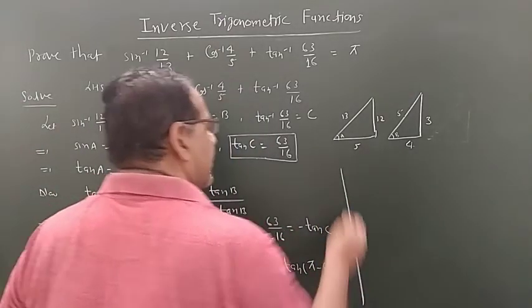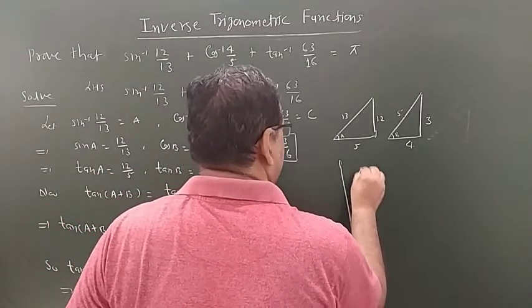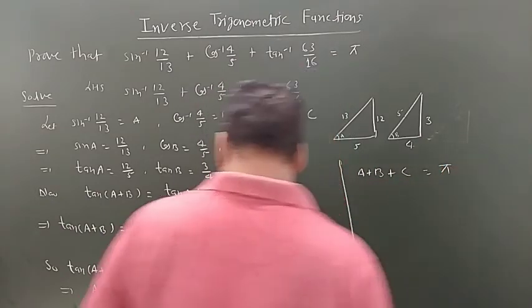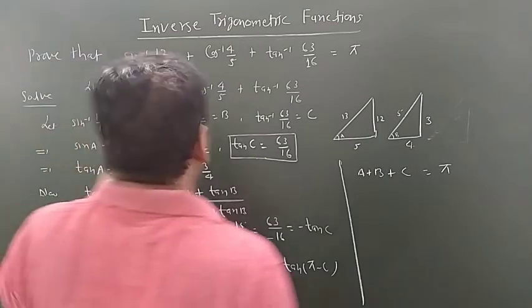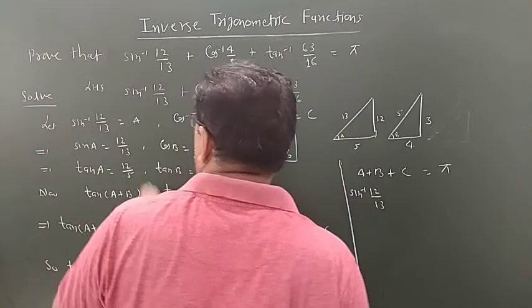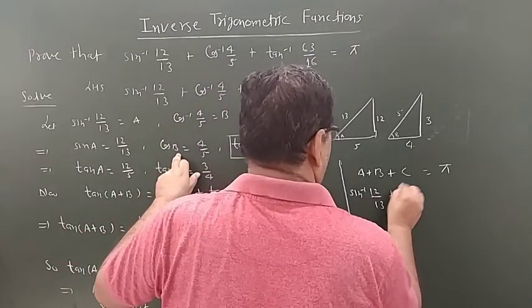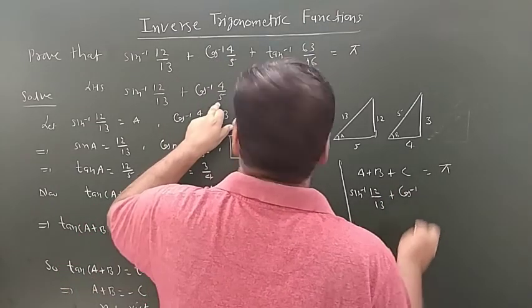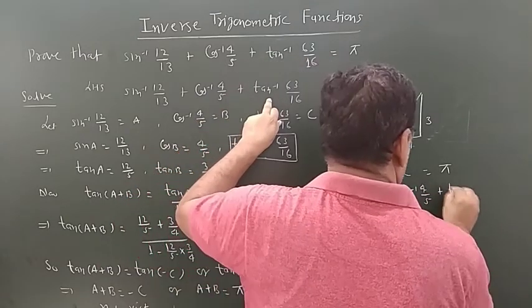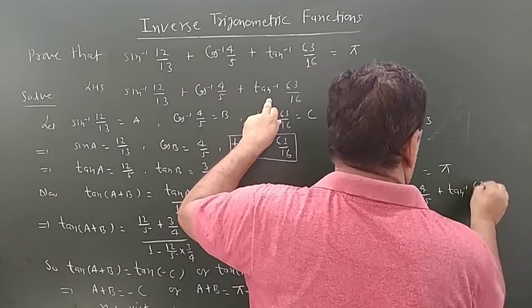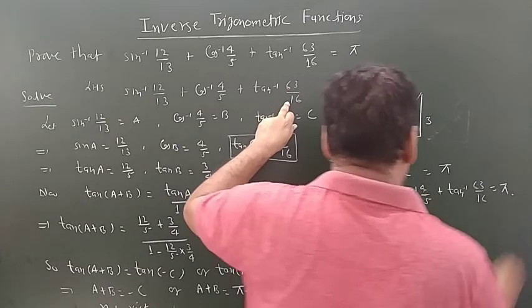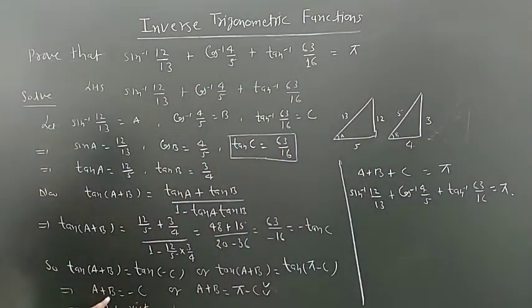So A plus B plus C equals pi. Here A and B both are positive.